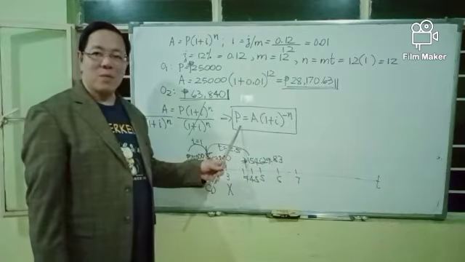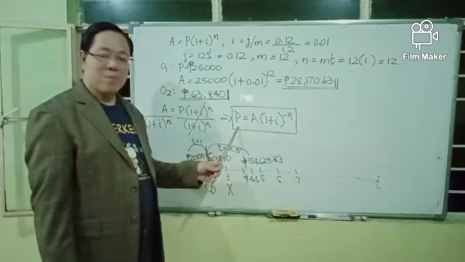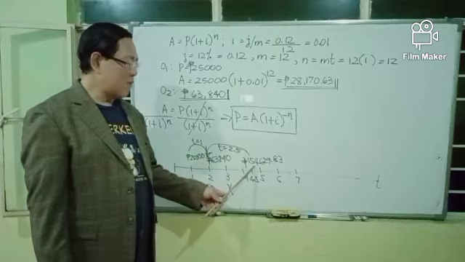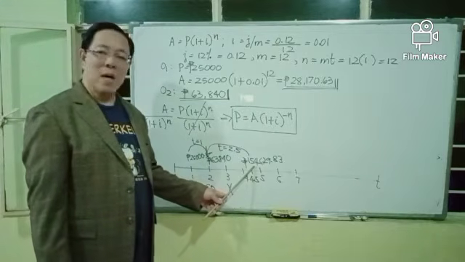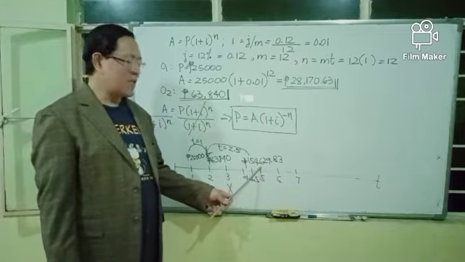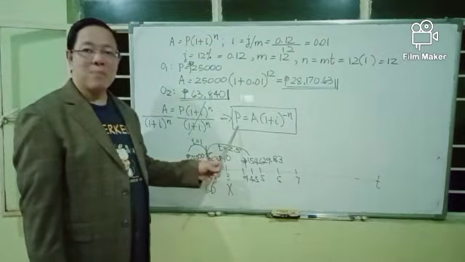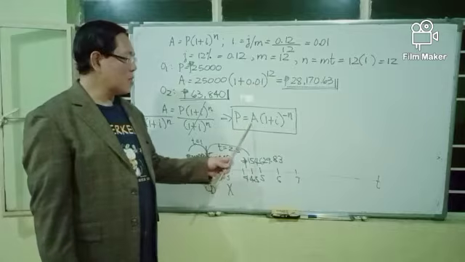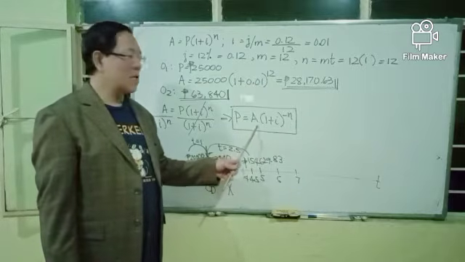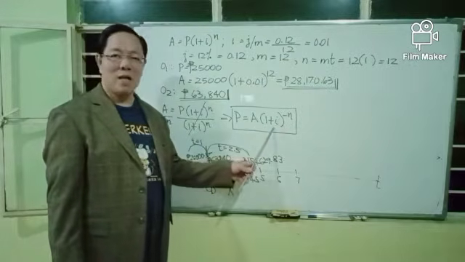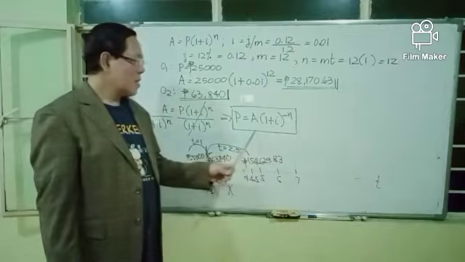P, present value, or P is the principal whose accumulated value is equal to 154,629.83. In general, P, the present value of an amount, is equal to its accumulated value times quantity 1 plus i to the negative n.